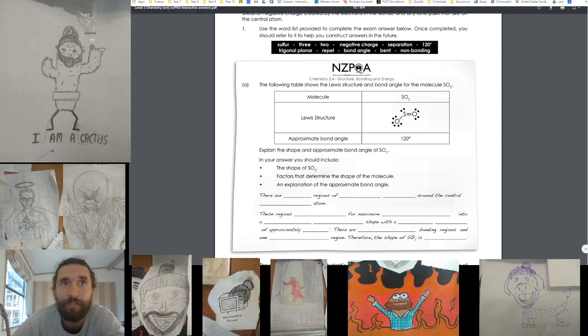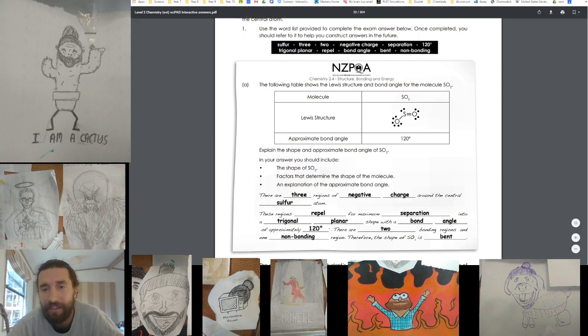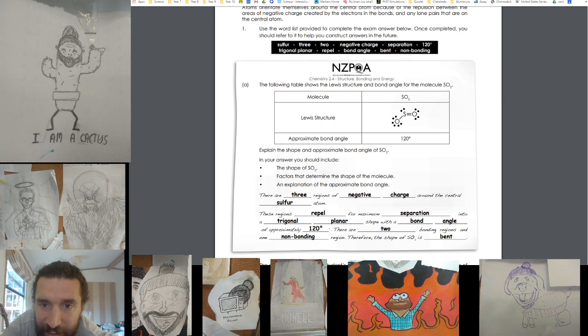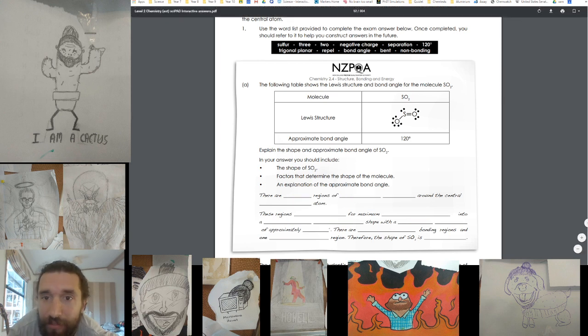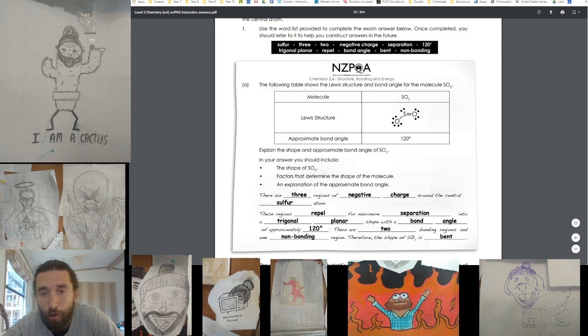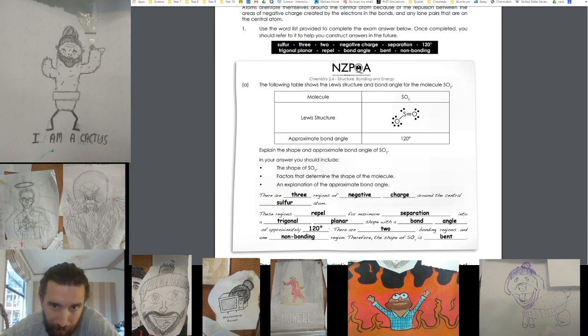The sulfur atom's in the middle, and as you can see, it has a double bond coming off it to the right to an oxygen, a single bond to this oxygen on the left, and it has a lone pair above it. These are all just regions of negative charge, and there are 3 around the sulfur atom.